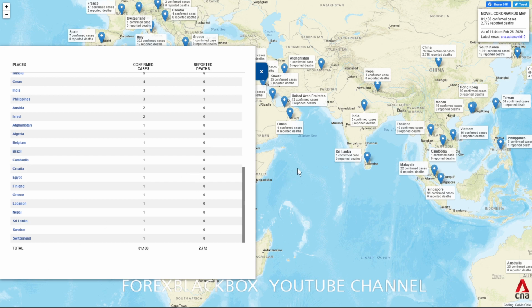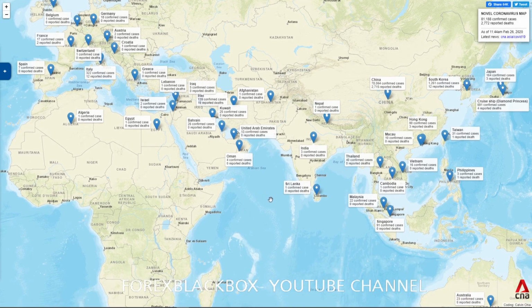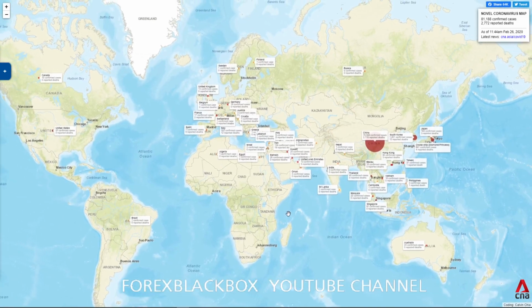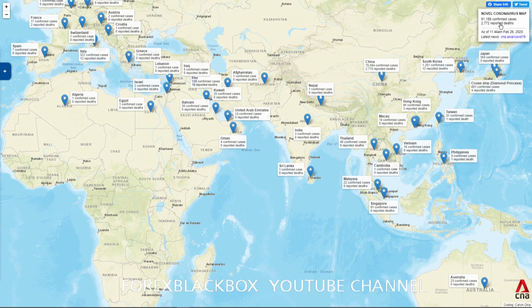So this is a live map. It's dynamically updating, so if you want to monitor the situation, just look at it every few hours or every day. It will give you the report on the right hand side here, with a quick header on what's going on, and so on and so forth.